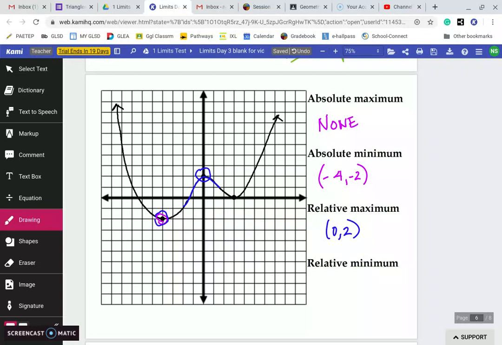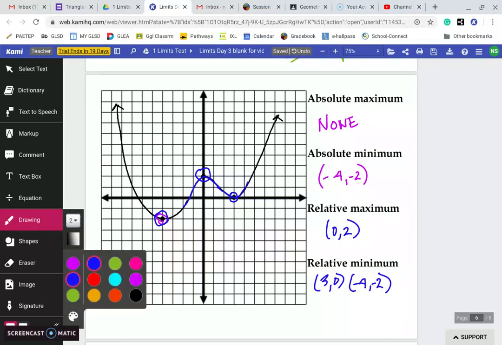This point and this point. Both of them change from decreasing to increasing. So we have the point (3, 0), and we have the point (-4, -2) again. So (-4, -2) is both a relative minimum and an absolute minimum.